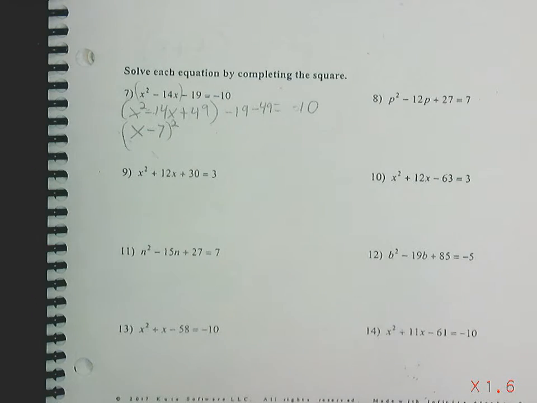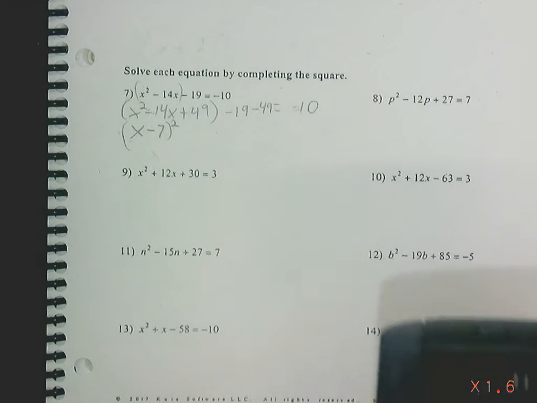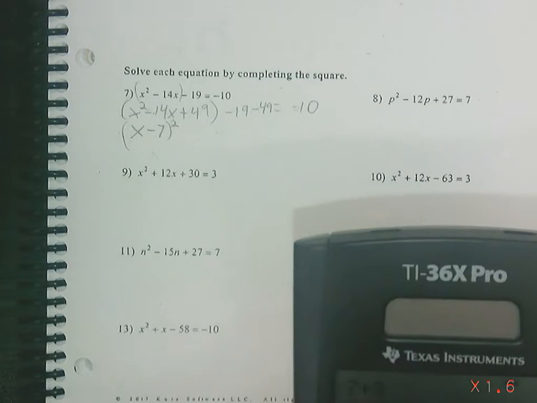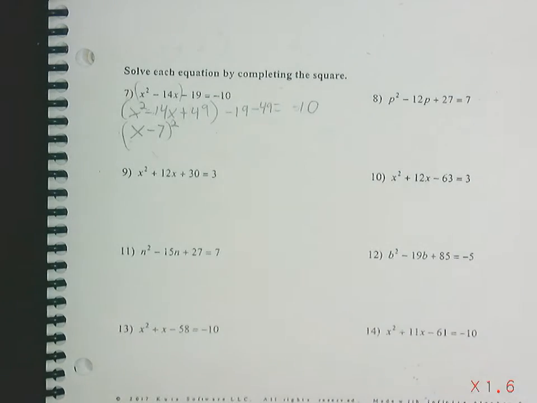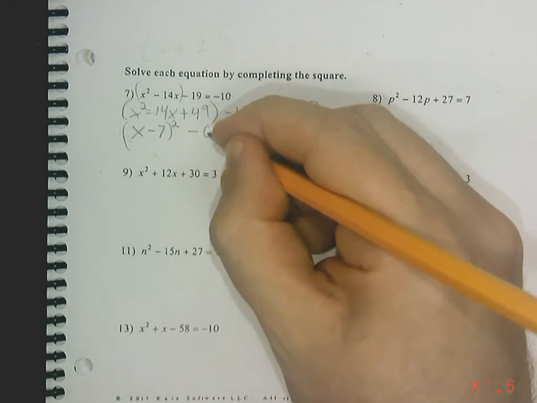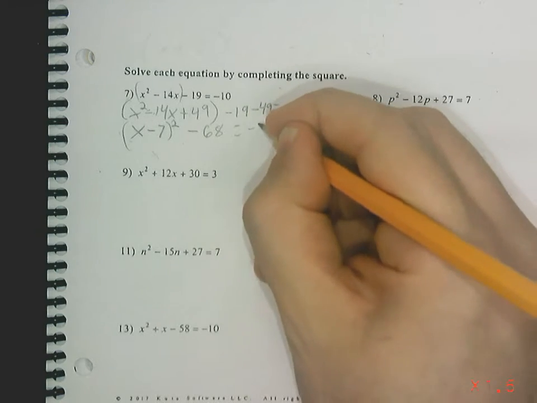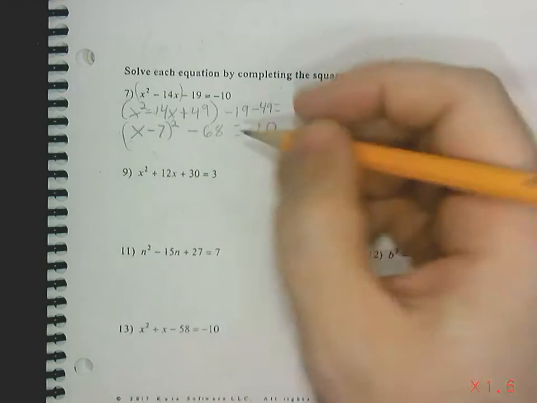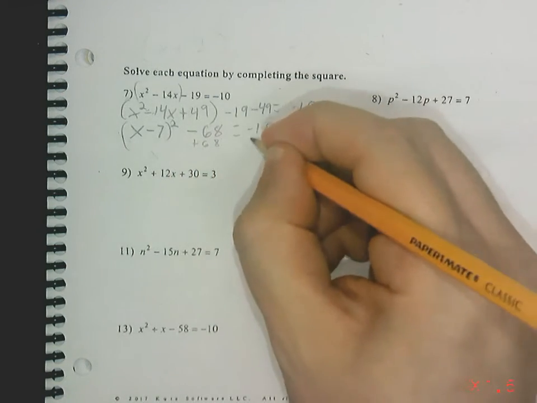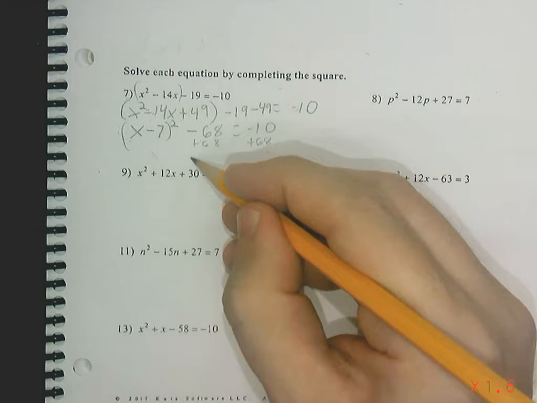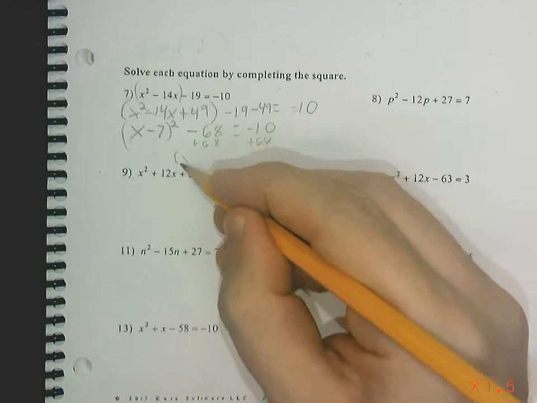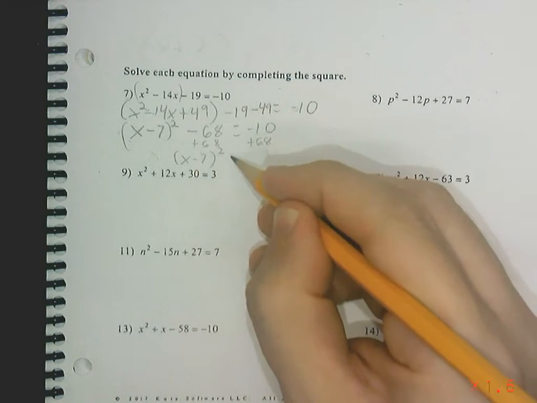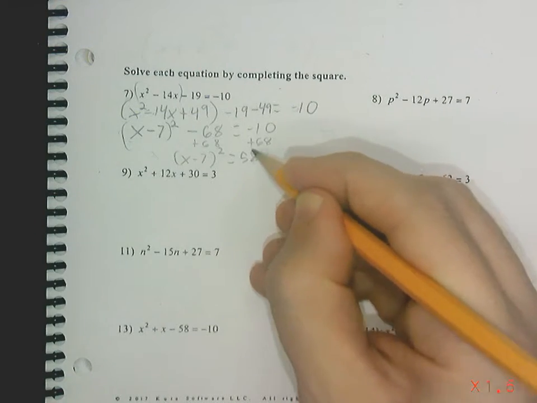They would combine to become negative 68, sorry, negative 68 equals negative 10. Then I need to get this all by itself, so I add 68 to each side. That gives me x minus 7 squared is equal to positive 58.